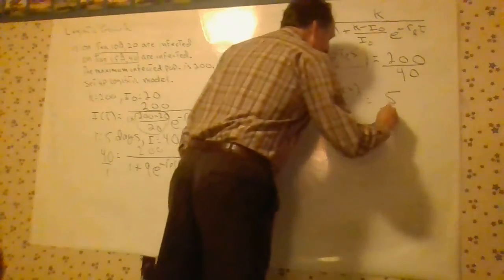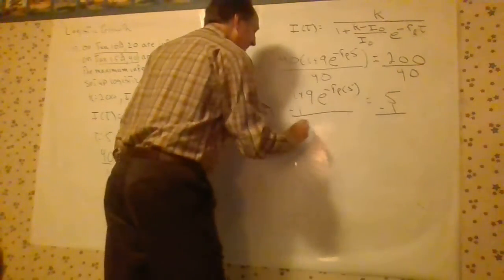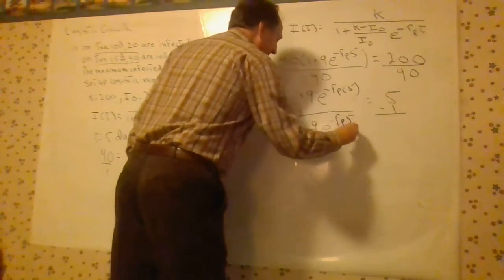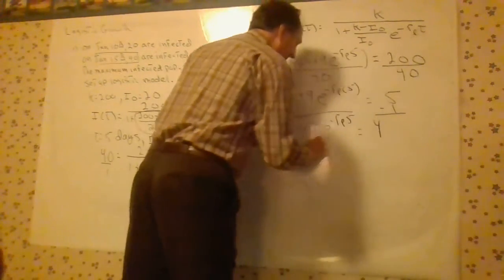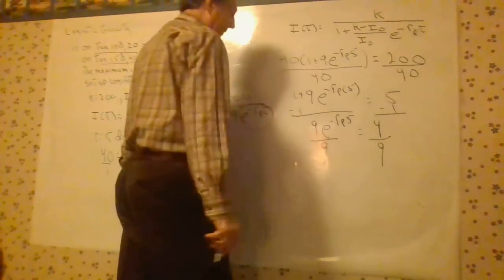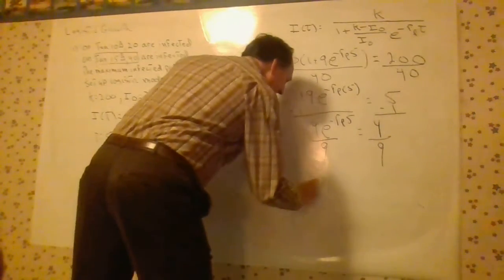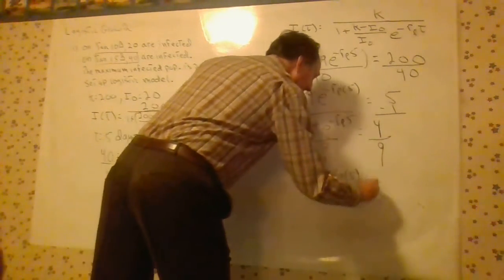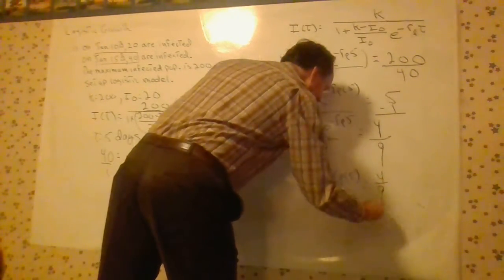Subtract 1. 9 e to the minus R_L times 5 is equal to 4. Divide by 9. This is just basic math. e to the minus R_L times 5 is equal to 4/9.